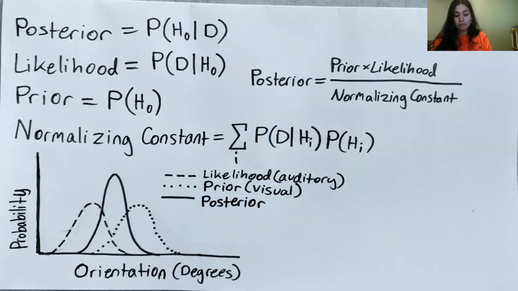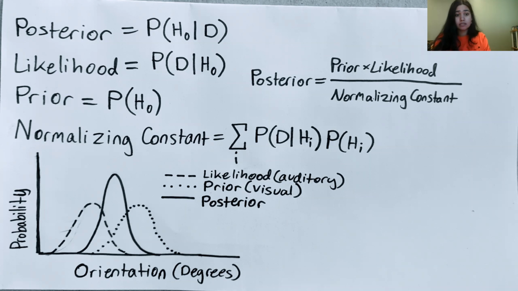Okay, so the names and everything now. To find the most likely hypothesis for something, Bayes' theorem takes something called a prior probability distribution, which is based on already built expectations, in this case prior visual expectations of where something might be located in your surroundings based on visual data.